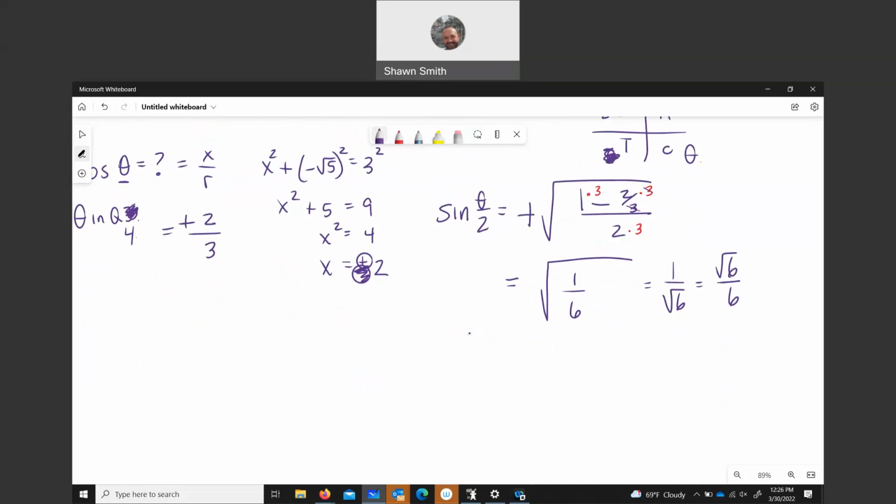Cosine of theta over 2. This one we said theta over 2 again is in quadrant 2. So cosine of that is negative there. Negative the square root of 1 plus the cosine of theta, 2/3, over 2. Clean this up some. Same thing, multiply everything by 3.